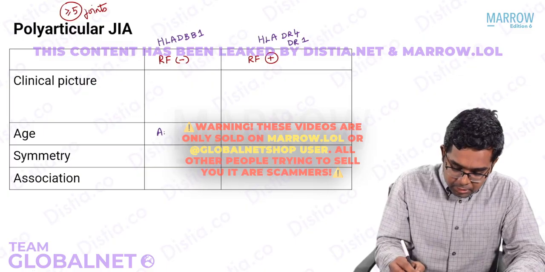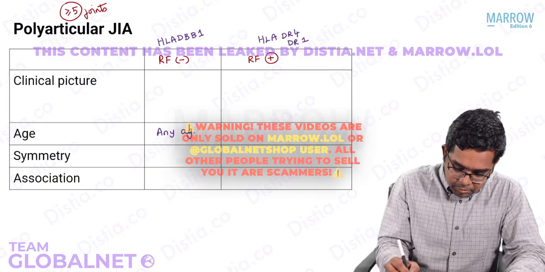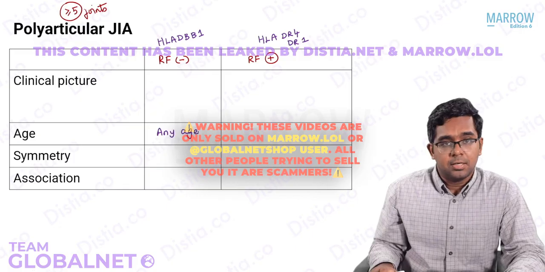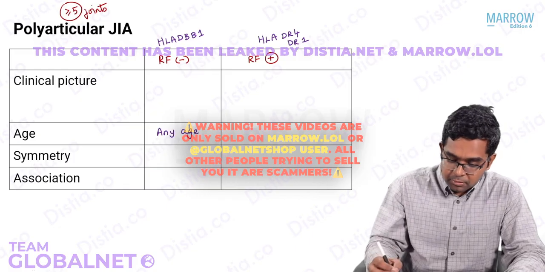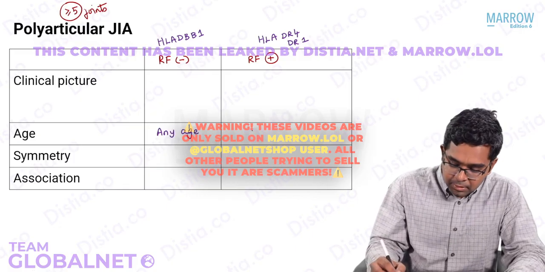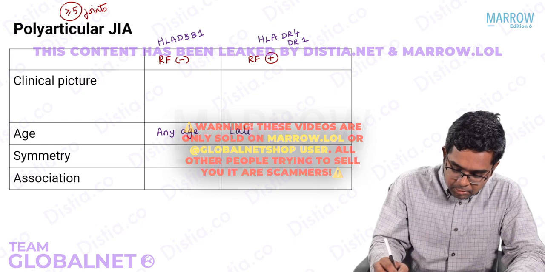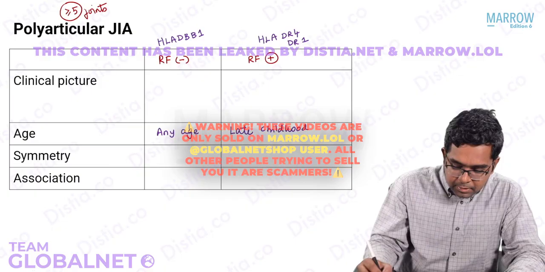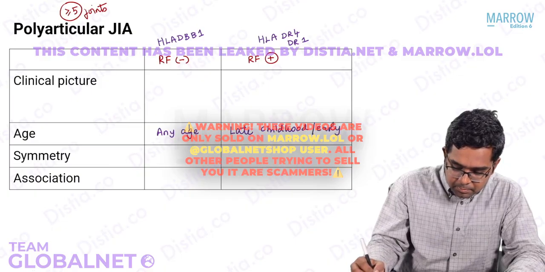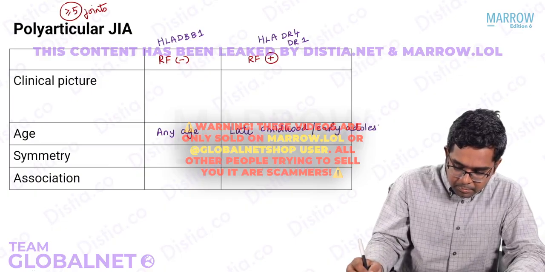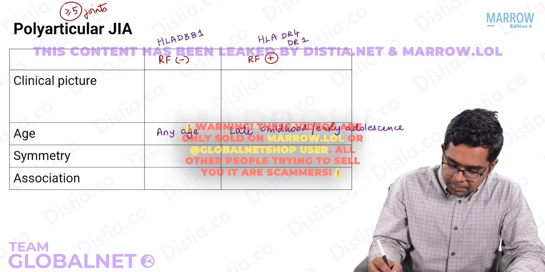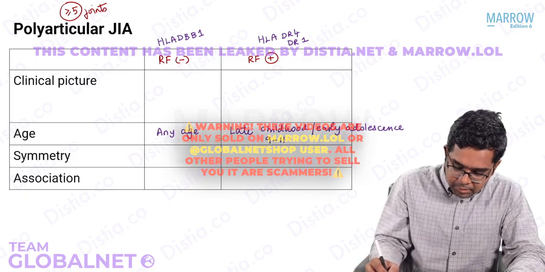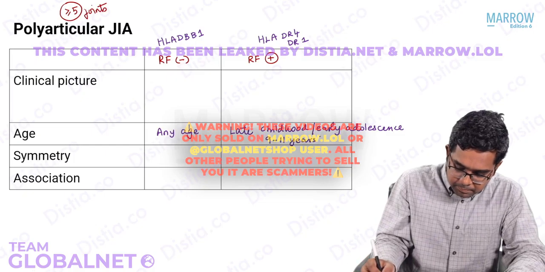Any age in childhood is affected in rheumatoid factor negative polyarticular JA, whereas the rheumatoid factor positive variety is usually seen in late childhood and early adolescence. The typical age group is often remembered as 9 to 11 years.